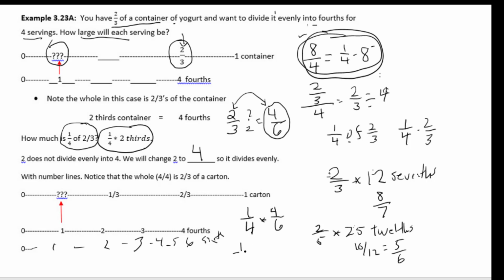So let me write it this way: 1/4 of 4/6. 4 divided by 4 is 1. 1 times 1 is 1. So this number here is 1/6. I'm going to go up to the top here: 1/6. So 1/4 of 2/3 is 1/6.